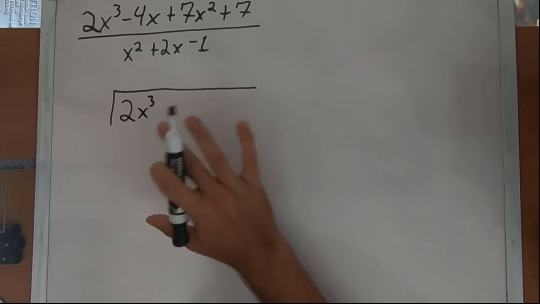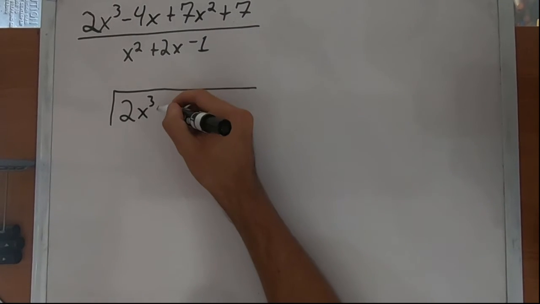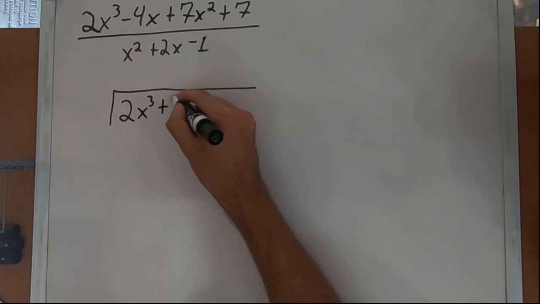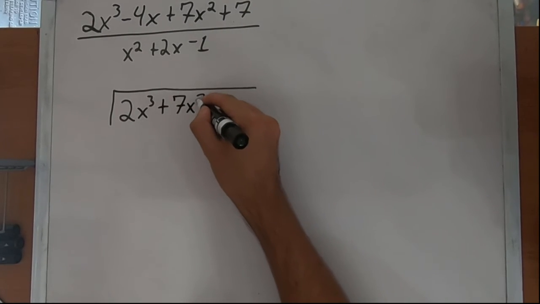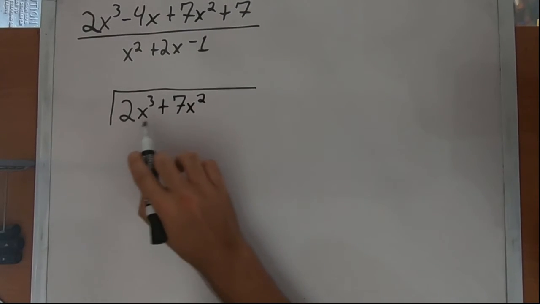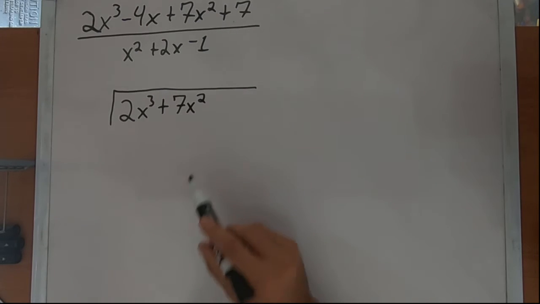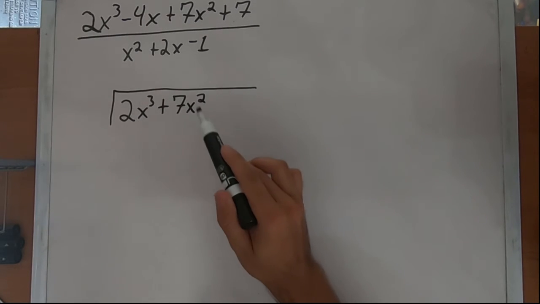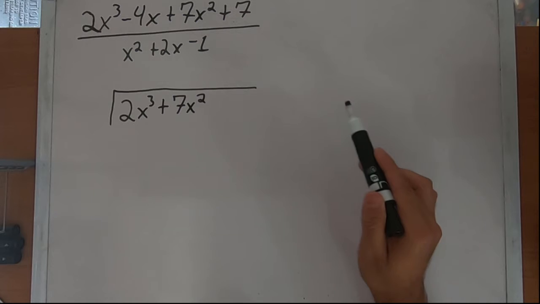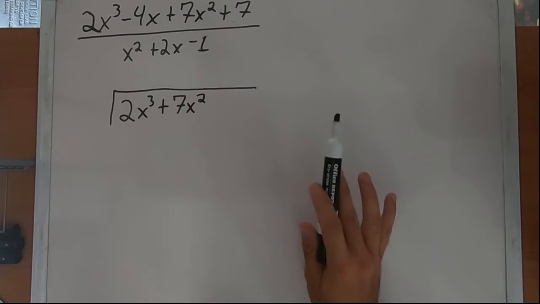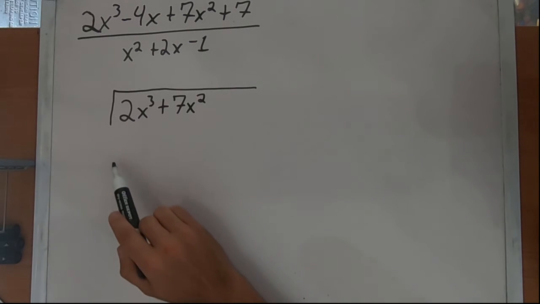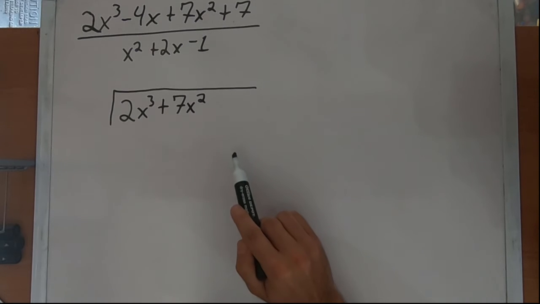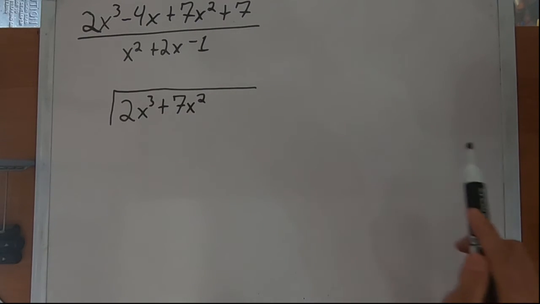Now the next term, you don't want to write negative 4x, you want to write positive 7x squared. This is what I mean by decreasing powers of x: x cubed, x squared, x, then a number. If you were to have powers of 5, it would be x to the 5th, x to the 4th, x cubed, x squared, x, and then a number.